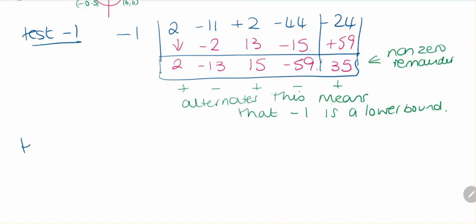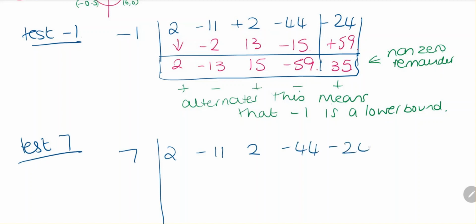So now we're going to test 7. So testing 7, 2, minus 11, 2, minus 44, and minus 24.